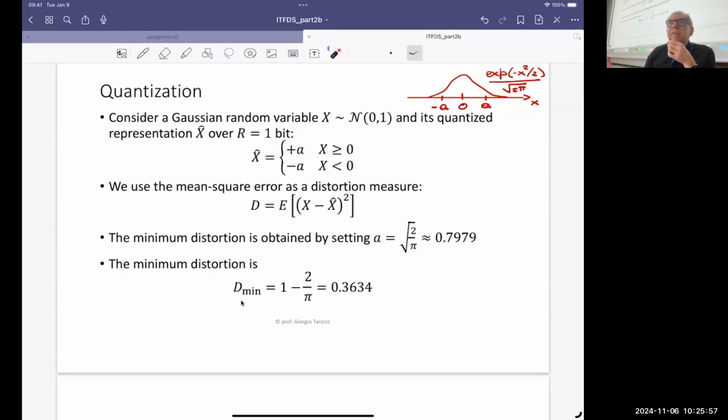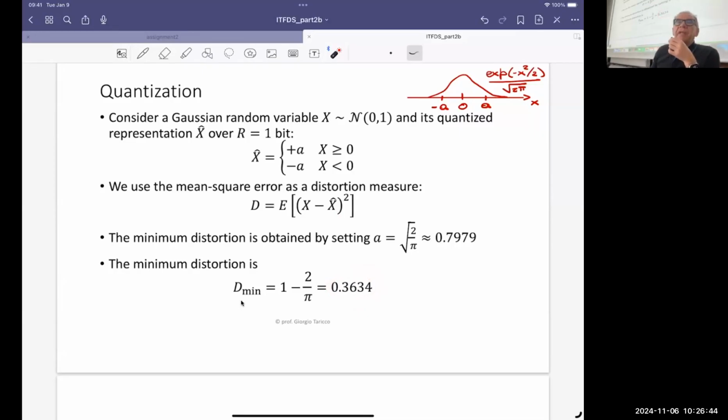Now, among the infinite possible choices for a, there is one that minimizes the distortion, that corresponds to a equal to the square root of 2 over pi. That's approximately 0.8. And by using this value of a, we obtain the minimum distortion that is equal to 1 minus 2 over pi. That's equal to 0.36. So if we use 1 bit for the representation of a Gaussian random variable, we can achieve a distortion that's 0.36.